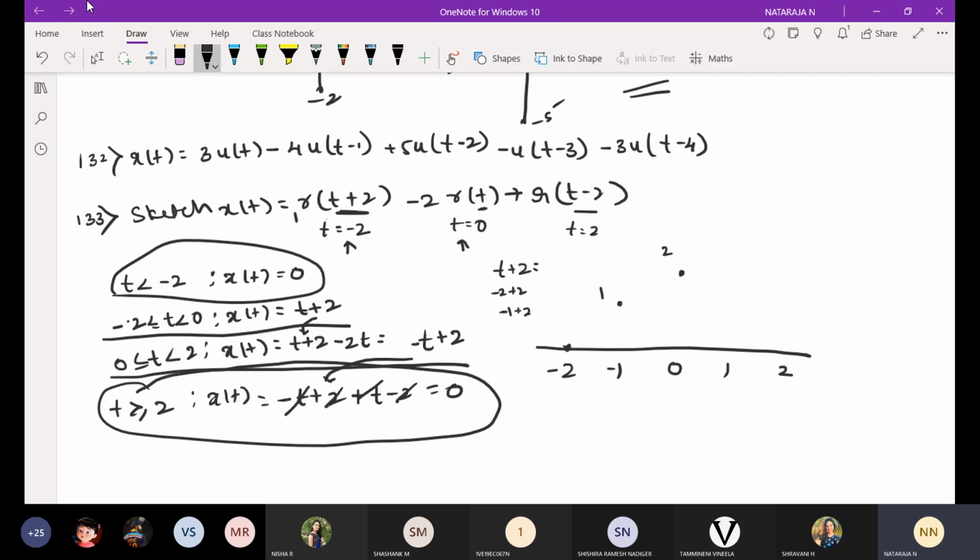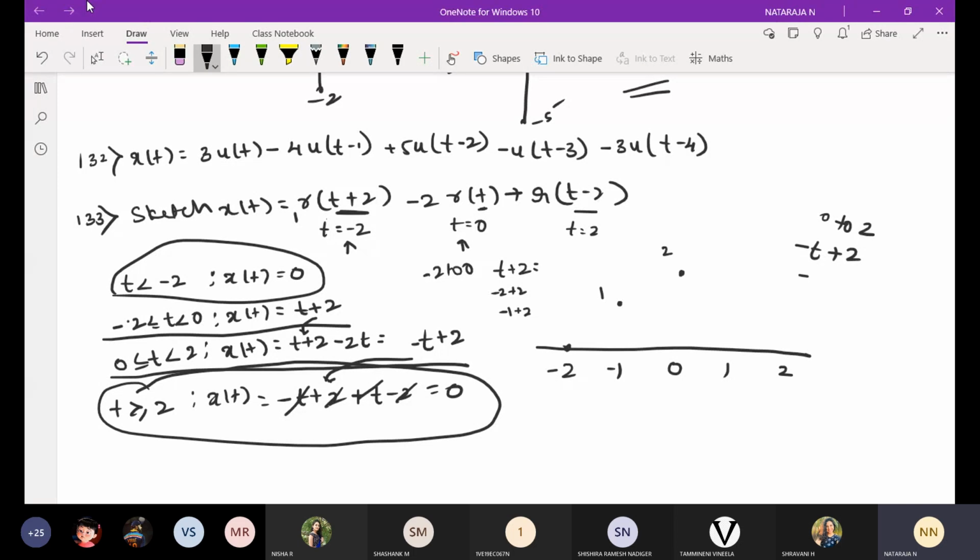Next 0 to 2. We have an equation minus t plus 2. This is for minus 2 to 0, and this is for 0 to 2. Now for 0 to 2 we have the equation minus t plus 2.